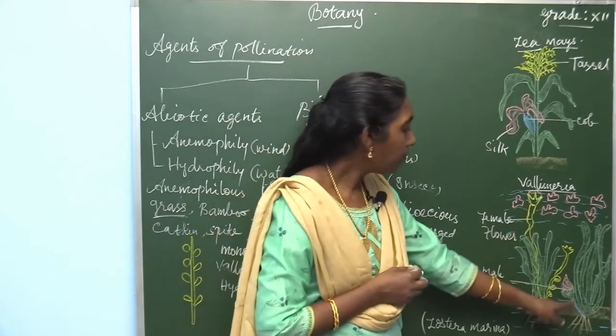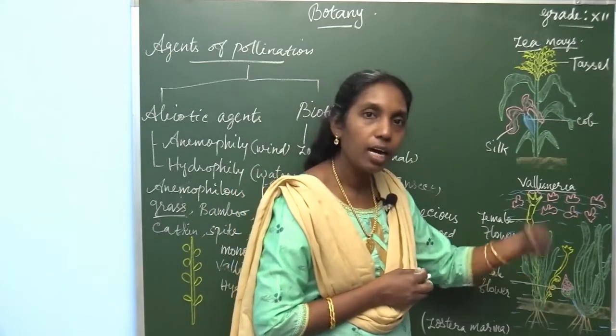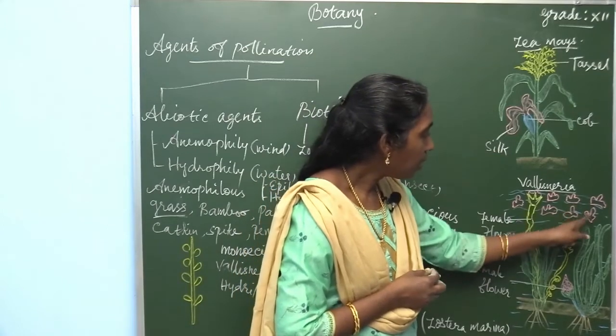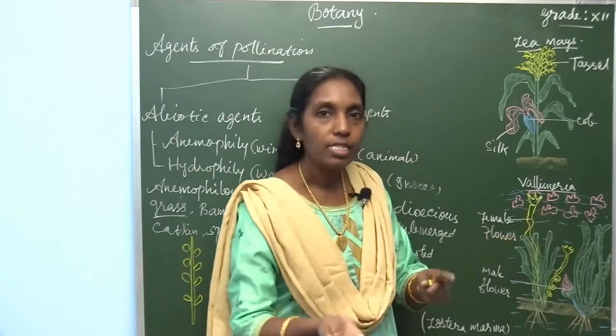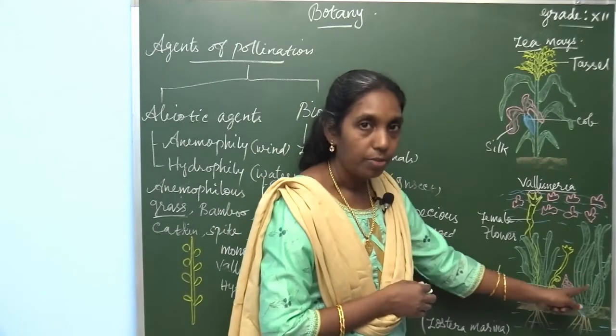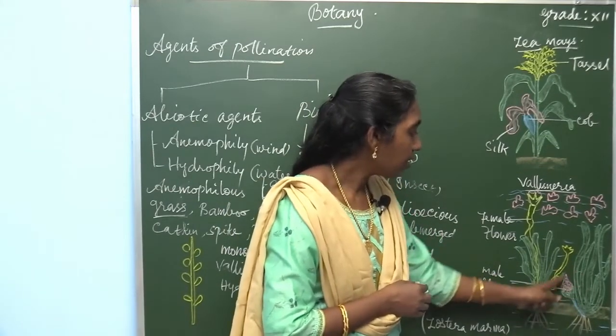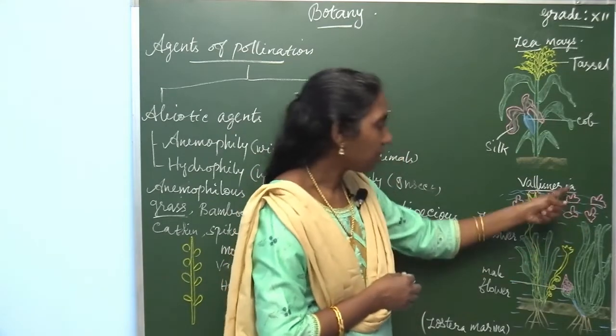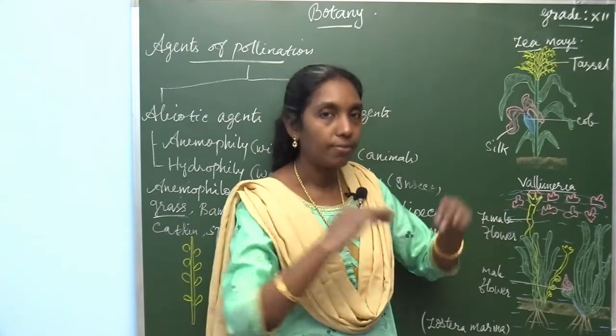Now, the male flower develops in another plant. These are the male flowers. They detach from the inflorescence and float on the surface of water.